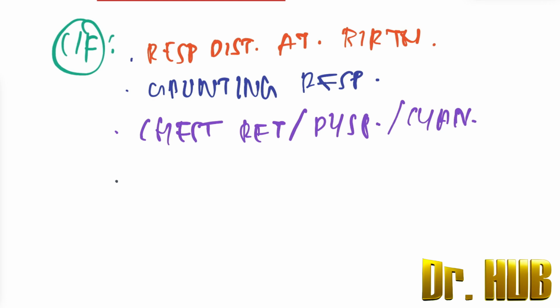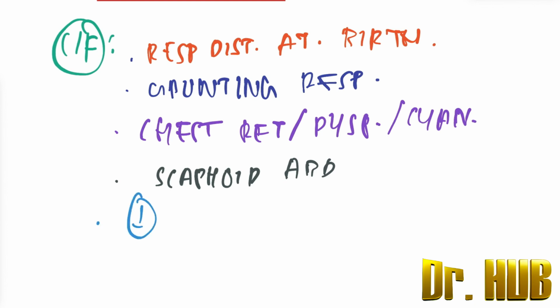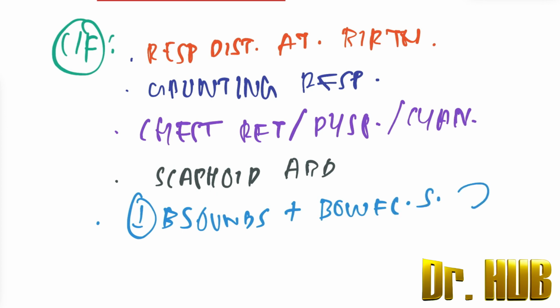Next is a scaphoid abdomen. Lastly, decreased breath sounds, along with bowel sounds over the chest, with CDH.